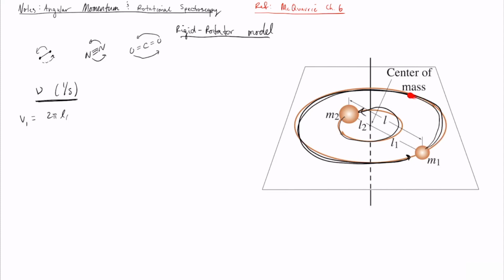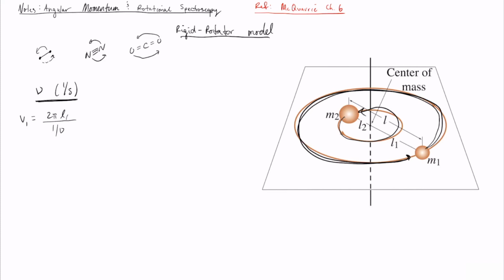This is one rotation around, and the distance traveled during this whole rotation is the circumference of the circle with radius L1, that's 2 pi L1. It's making nu of these rotations every second, or in other words, it takes 1 divided by nu seconds to do this.